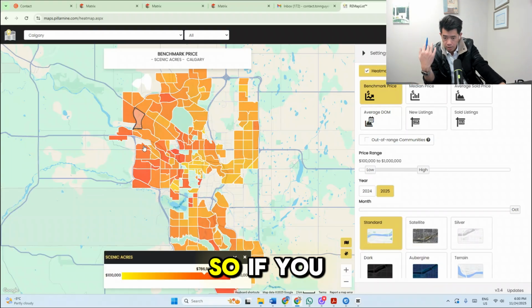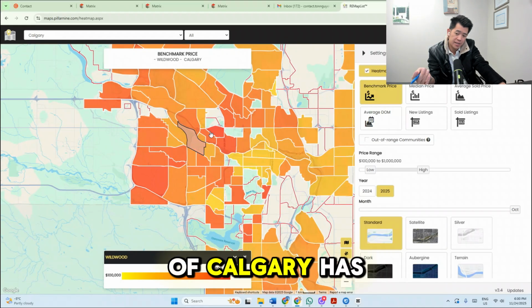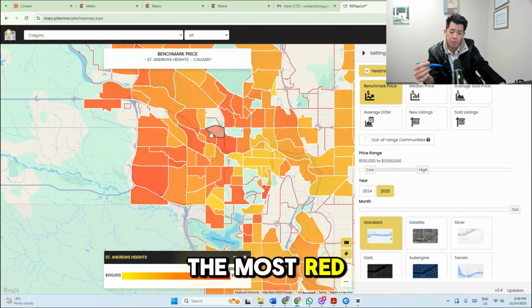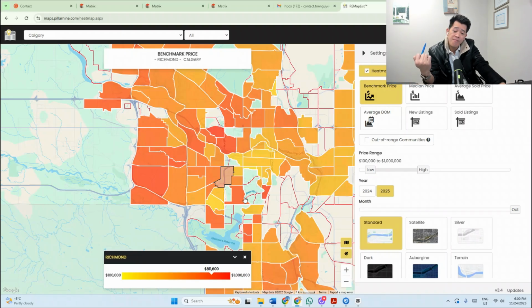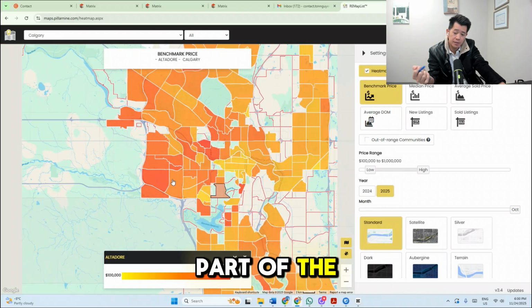So you can clearly see the west side of Calgary has the most red area, right? So this means the west is usually one of the most expensive parts of the city.